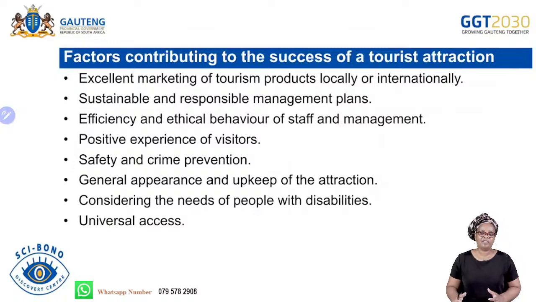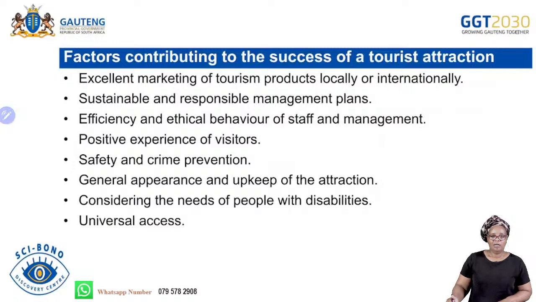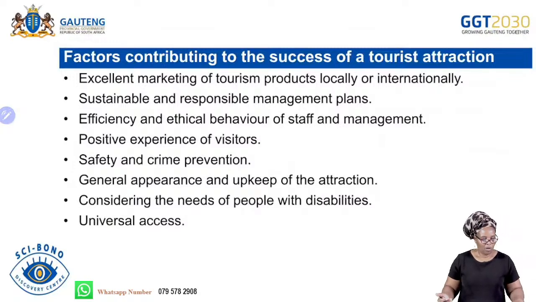Because if it changes, it will no longer be the icon that was granted the status of being an icon. That's why we need management plans whereby everything will be protected and in order.